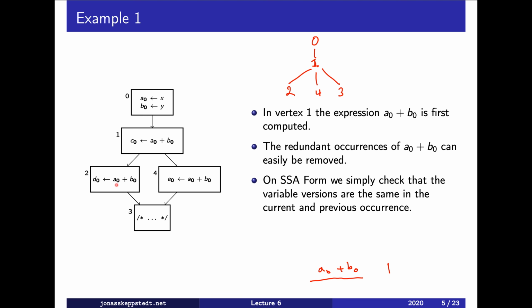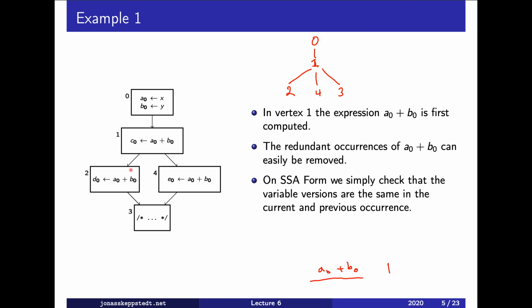And when we come to this expression, we rename the operands so that we have A0 plus B0. And then we look in this stack of the hash tables to see if we can find a version of the expression with the correct versions of the operands.